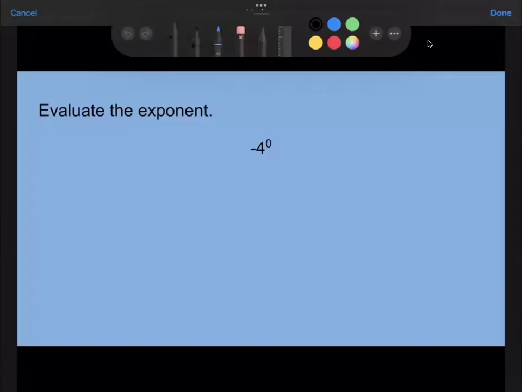Okay, here's our next exponent we're going to evaluate. It's -4 to the 0 power. Okay, so now this one is a little bit tricky because we have a negative outside of 4 to the 0 power, right? So that's like doing -1 times 4 to the 0 power.